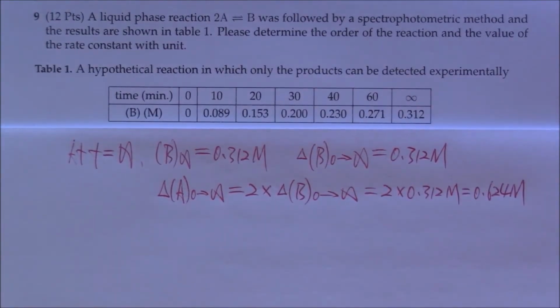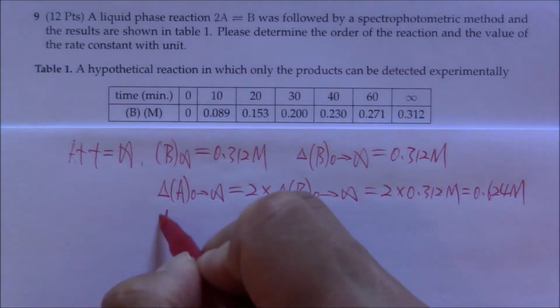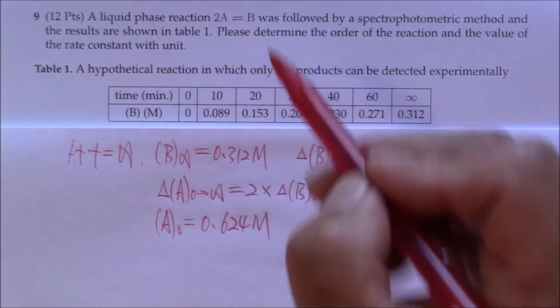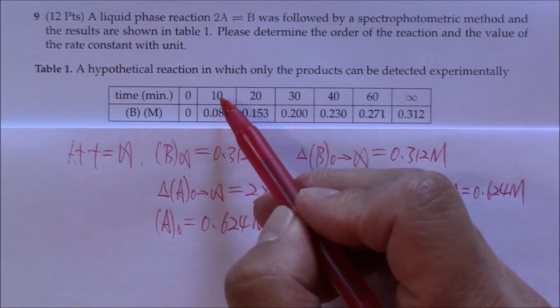As we know, at T equal to infinity, the concentration of A will be 0. Therefore, the initial concentration of A is equal to 0.624 molarity. Now let me show you how to calculate the concentration of A at T equal to 10 minutes.